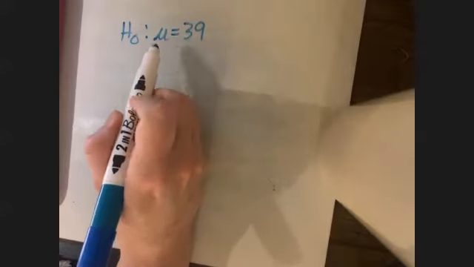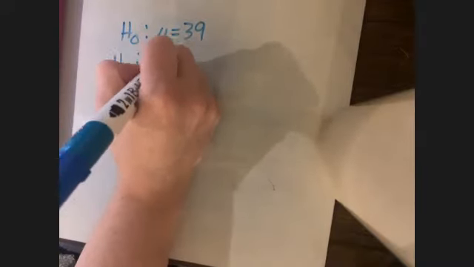The first one asks, determine whether the alternative statement is left-tailed, right-tailed, or two-tailed. So they state H naught is mu equals 39. So they're checking on, this is our parameter. Remember, parameters are on population things, and population usually has Greek letters.